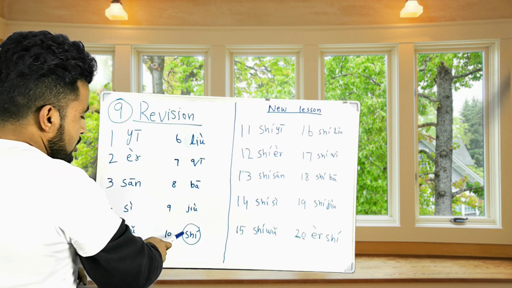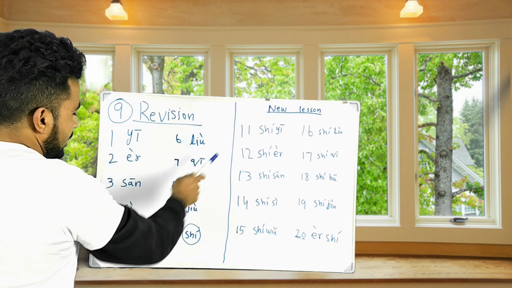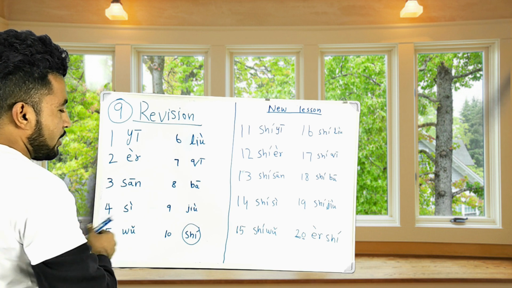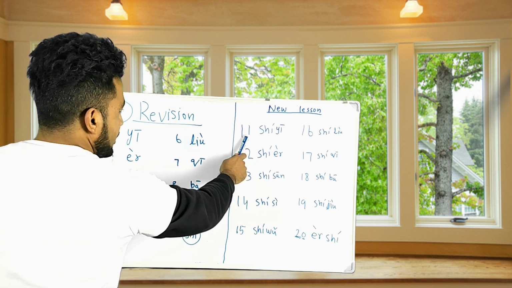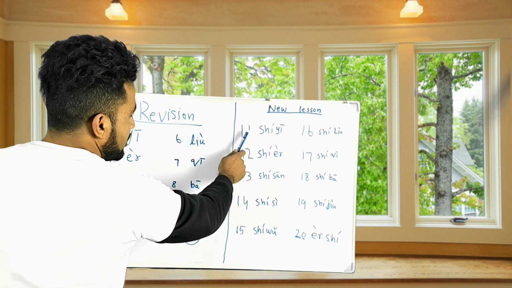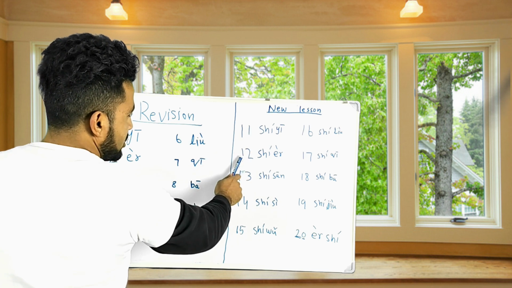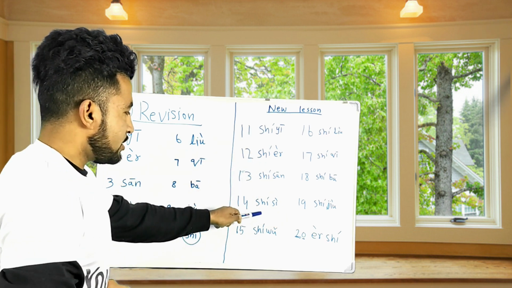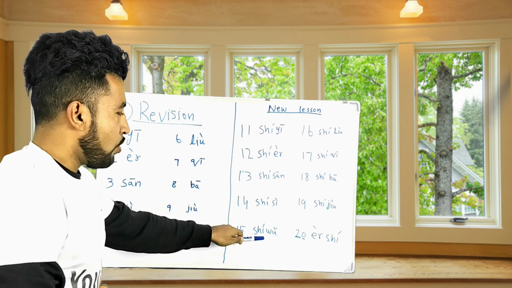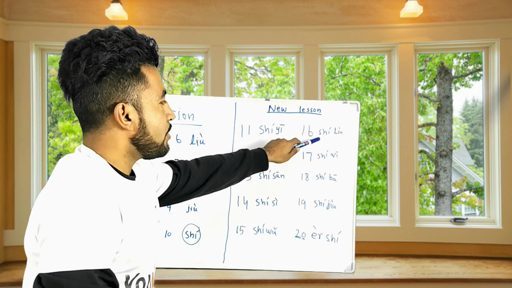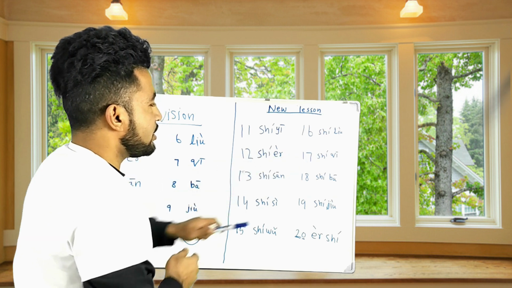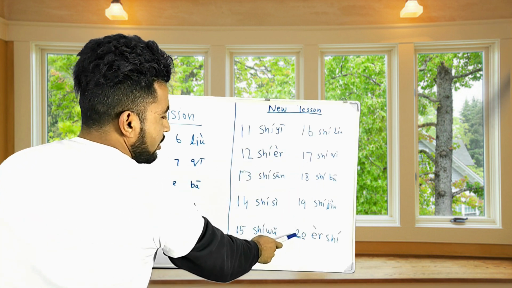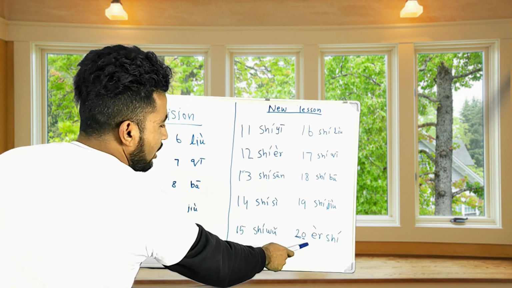Okay, so 10 plus 1 is equal to 11, 10 plus 2 is equal to 12, 10 plus 3, and goes on. So 11 12 13 14 15 16 17 18 19 20.